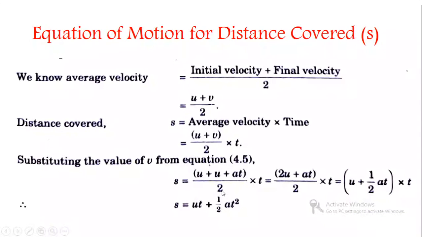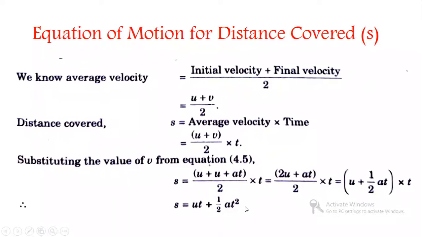Take 2 as common and cancel, so (u plus 1/2 at) into t. Multiply t inside, so ut plus 1/2 at squared. So s equals ut plus 1/2 at squared. This is equation 2.